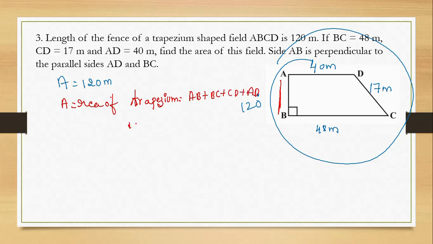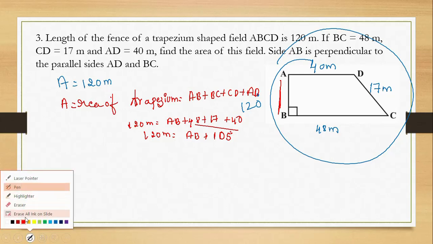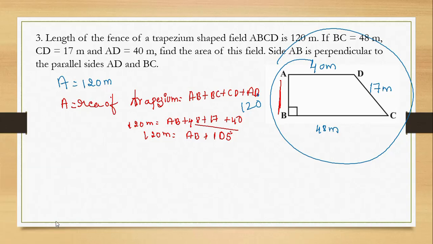So the area of trapezium they have given, 120 meter, is equal to, we don't know AB, we know BC is 48 and CD is 17 and AD is 40. 120 meter is equal to AB plus, when we sum these three we get 105.